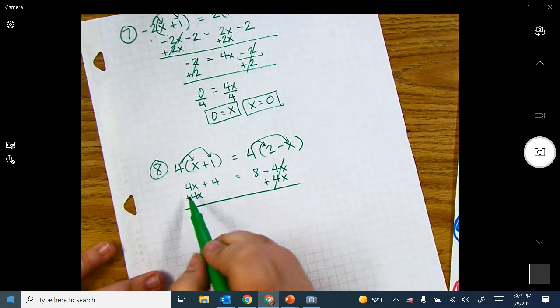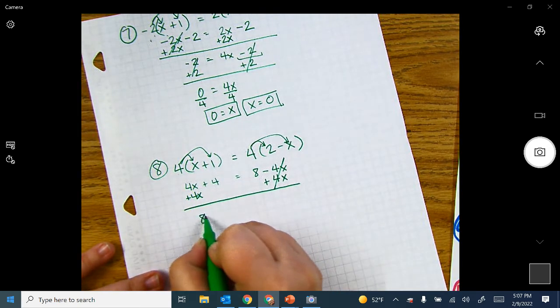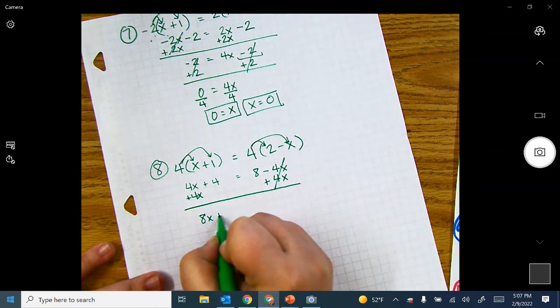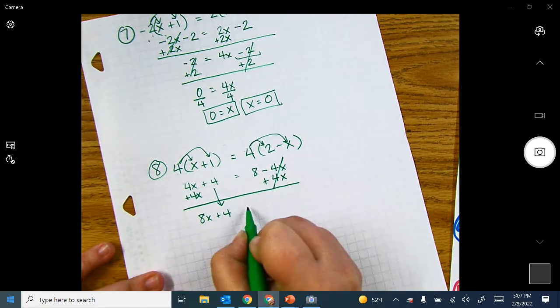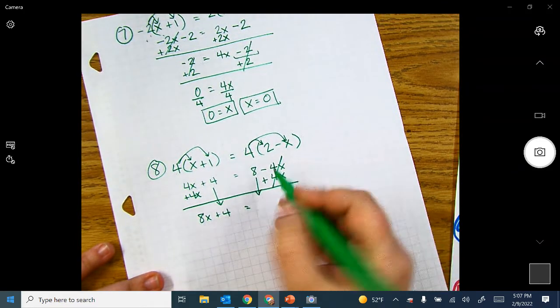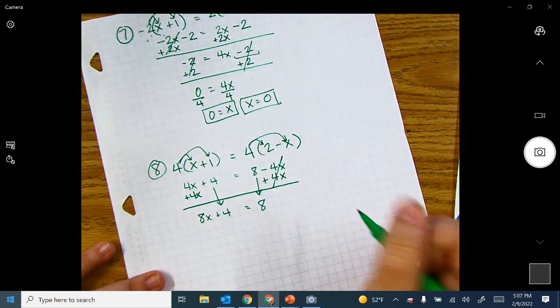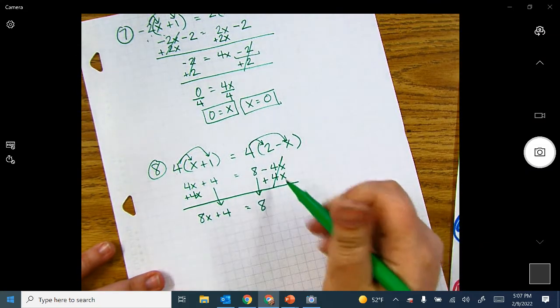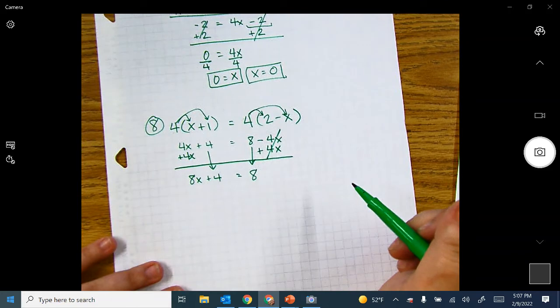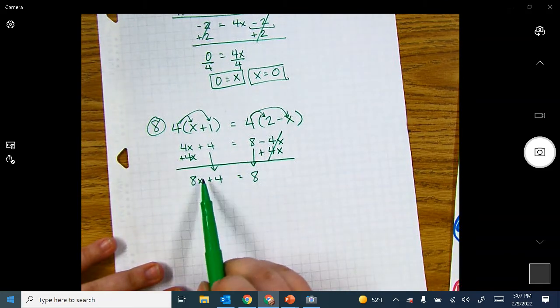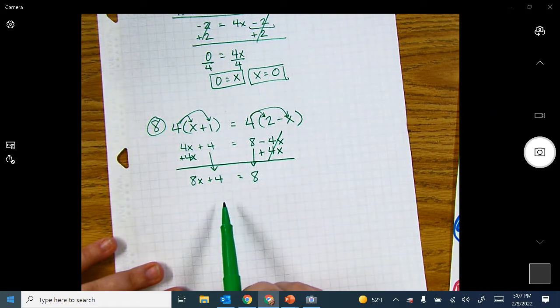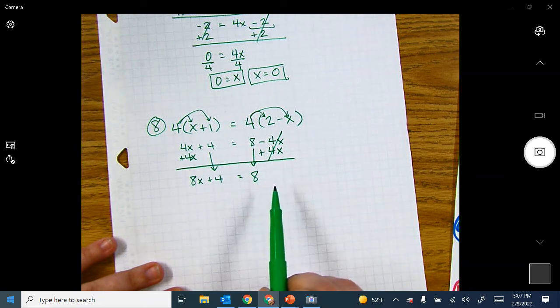So over here on the left, 4x plus 4x means I have 8 x's. I'm going to keep that plus 4. And then on the right, I'm going to keep that 8. But now those 4 x's have canceled out, the -4x and the +4x. So now I only have x's over here on the left. I don't have any on the right.